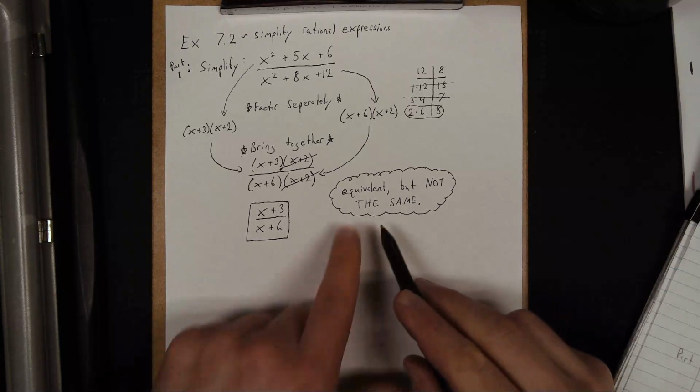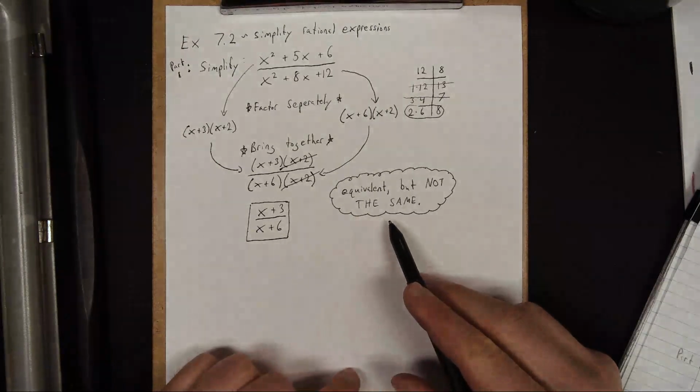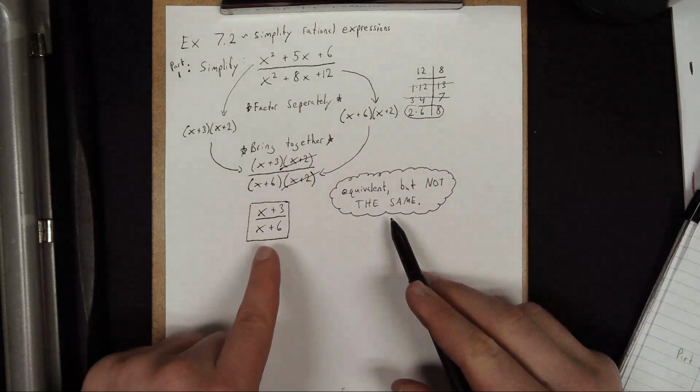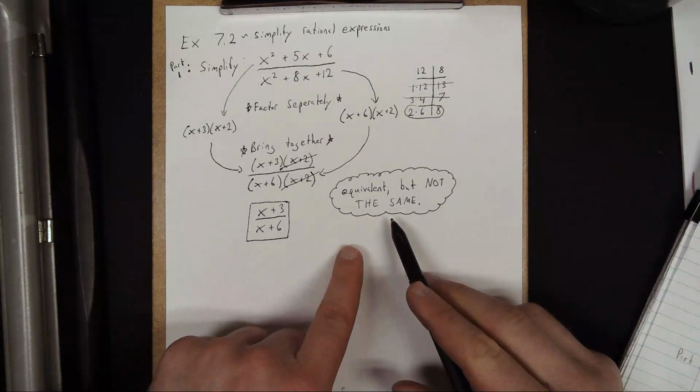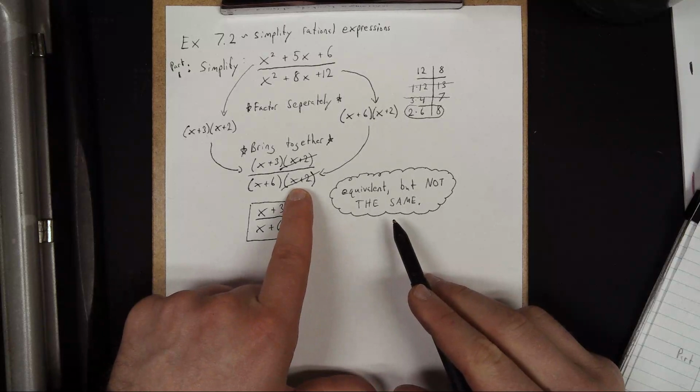Okay, but what do I mean by this? What I mean is when you plug a value into here, you're going to get an answer, and you plug the same value into here, you're going to get a different answer.